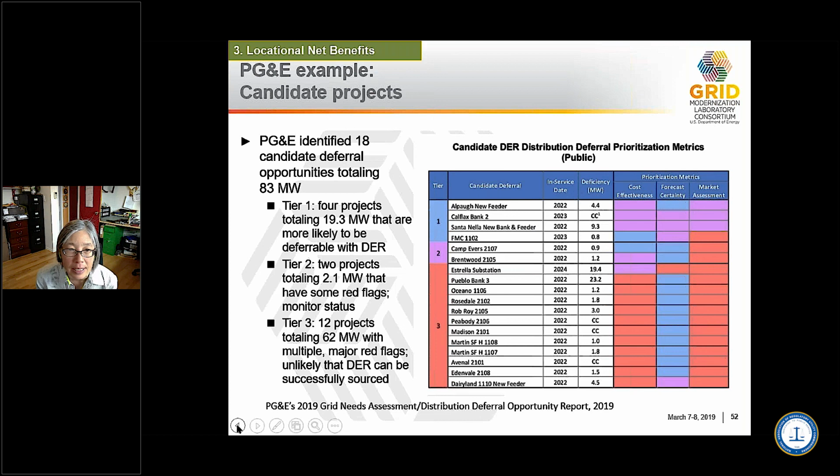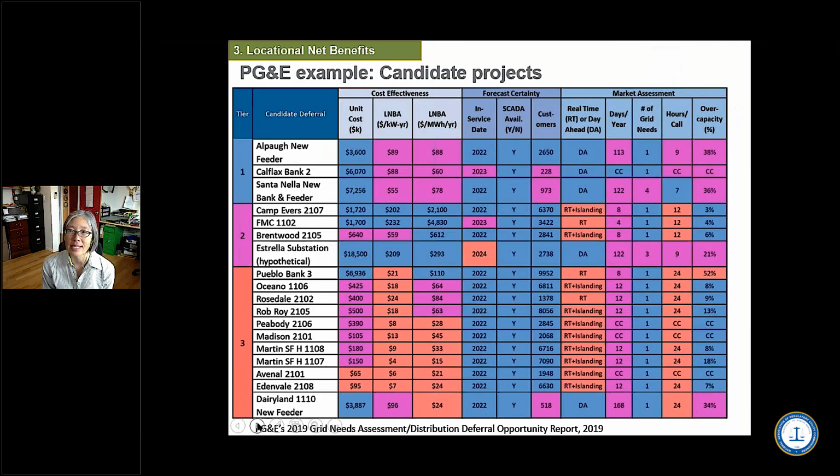Actually, if you go to the next slide, 53, you can see it's listed in here, and it's got really good benefits. The cost of that traditional upgrade is very high, and so having DER come in and provide the service could save them a lot of money.